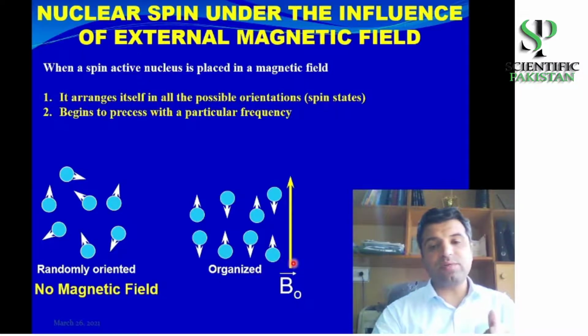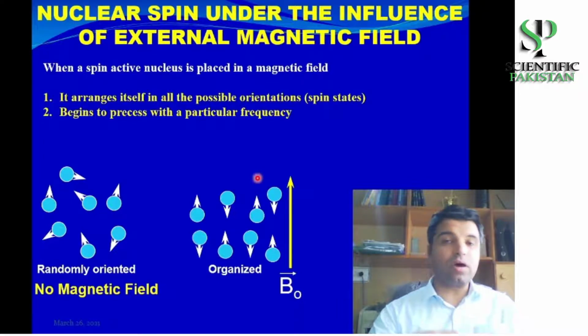Some of the nuclei are pointing down, others are pointing up, which means that some are oriented along the direction of B naught, others are aligned against the direction of B naught. So some are parallel to B naught, or the external magnetic field, others are against the direction of B naught.